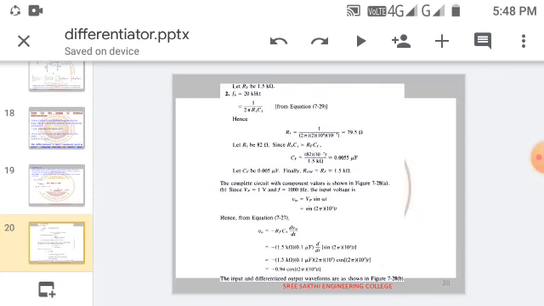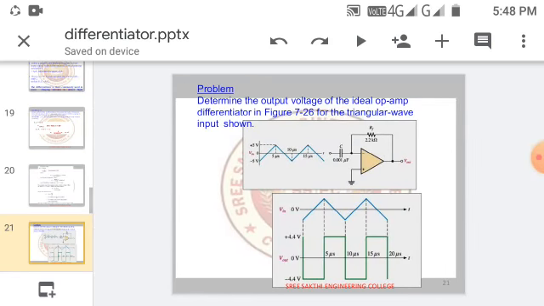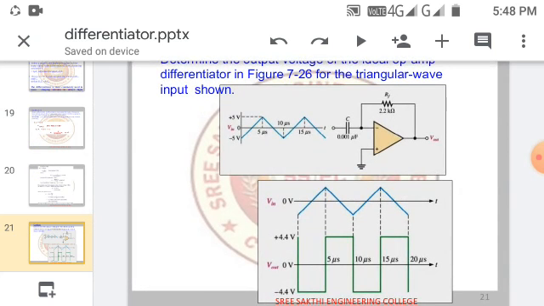With the value of RF, I can calculate FA and FB, and finally calculate the output voltage of the differentiator and plot the waveform for the input as well as the output. So if the input is a square wave, the output will be spikes; if the input is a triangular wave, the output will be a square wave.